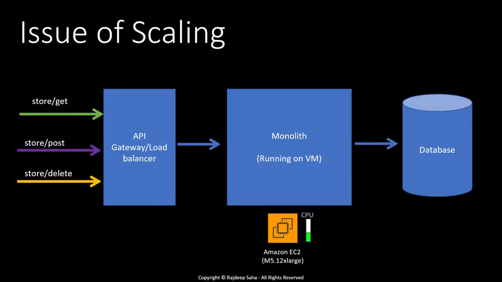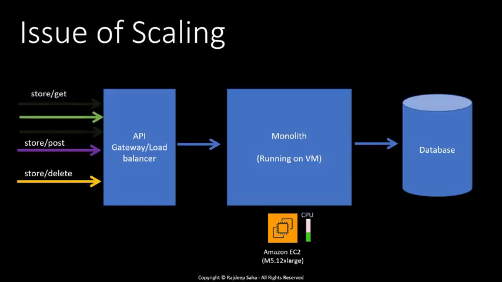As the name suggests, you can imagine store/get gets some information about some product, store/post posts information about a product or a customer or a purchase, and store/delete deletes information from the database.